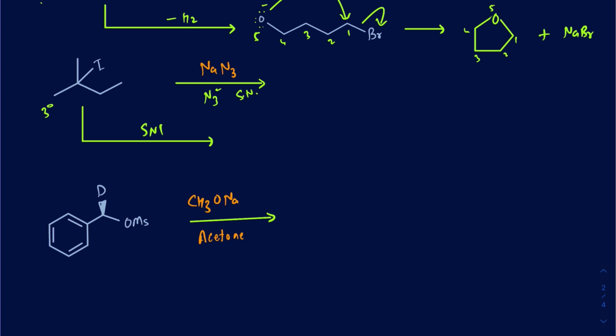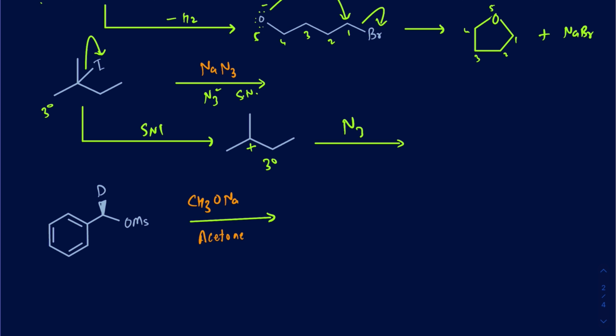So since I'm doing an SN1, the first step involves the loss of the leaving group. When I lose this leaving group, I would be making a carbocation, and that carbocation is going to be a tertiary carbocation. So you already have the most stable carbocation. Now this carbon bearing the positive charge is in turn attached to two other methyl groups, so it's not really chiral. I don't have to worry about the tag going into the page or out of the page.